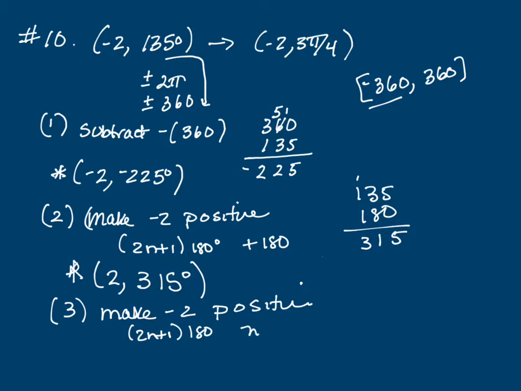And this time n equals -1. So I do 2 and then 135 minus 180, so let's subtract to get the negative of it. That's 45, so -45 degrees.